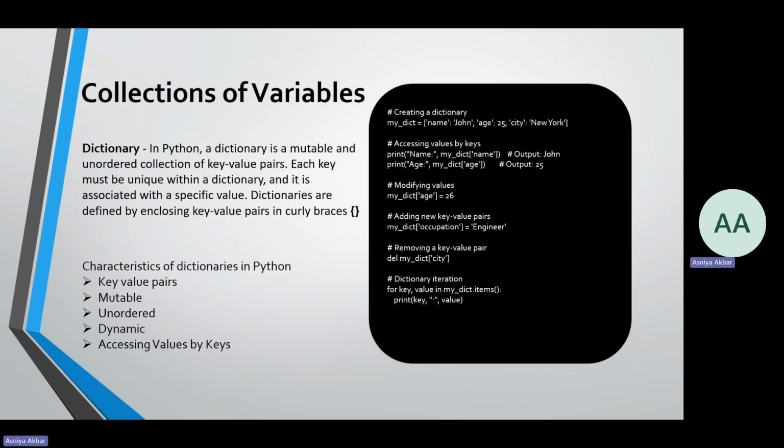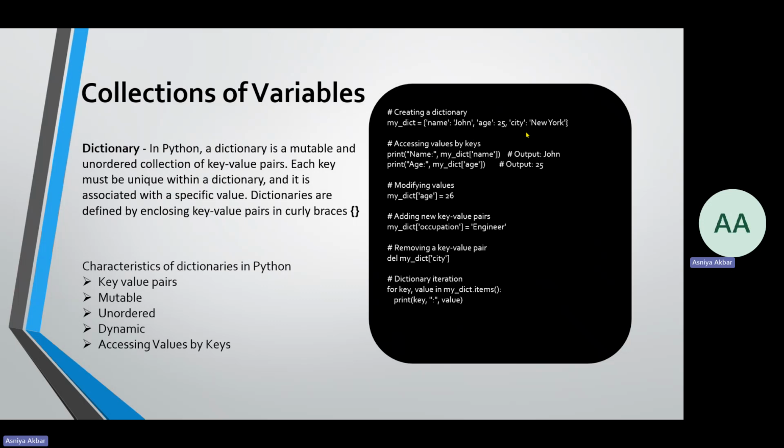Next up here, we have a dictionary. Now, in Python, a dictionary is also a built-in data type that represents an unordered collection of key value pairs. So dictionaries consist of these key value pairs. Each key in a dictionary is unique. You can see here name, age, and city are the keys, which come before the colon.